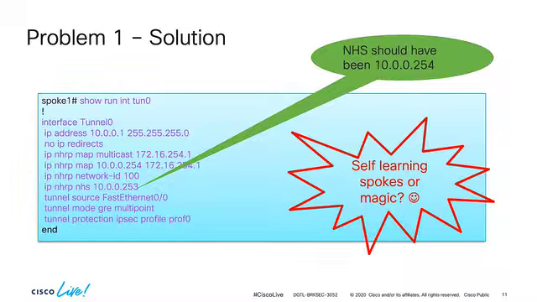No, I'm sure it is a human error. So once we went ahead and changed the NHS mapping back to 10.0.0.254, the users could reach all of the networks behind the hub, the data center, and all of it. Yes. So we resolved problem 1.